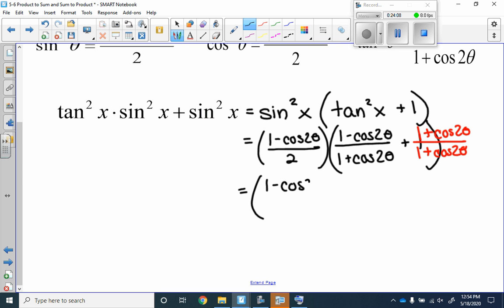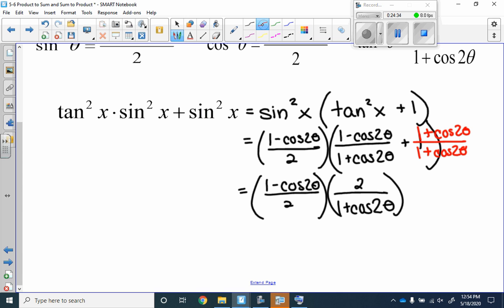So 1 minus, I'm going to add here, this is going to give me 2, 1 plus 1, and then I have a negative cosine 2 theta, and then I have a positive, so that's going to cancel out. So I'm just going to have a 2 over 1 plus cosine 2 theta.